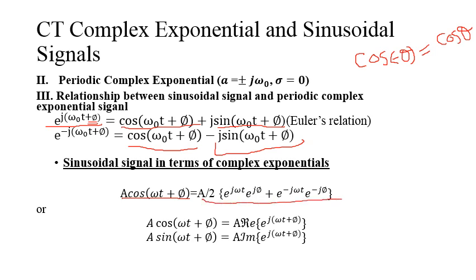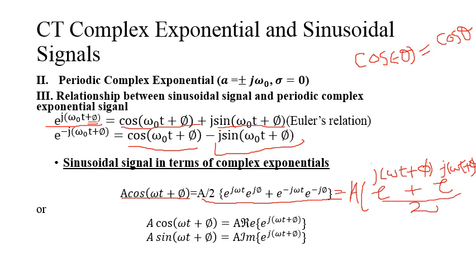So it can be expressed as A by 2 times [e to the power j(omega t plus phi) plus e to the power minus j(omega t plus phi)], divided by 2.